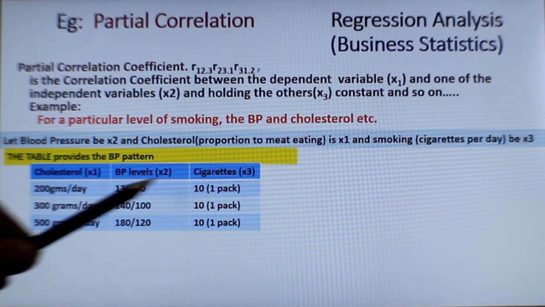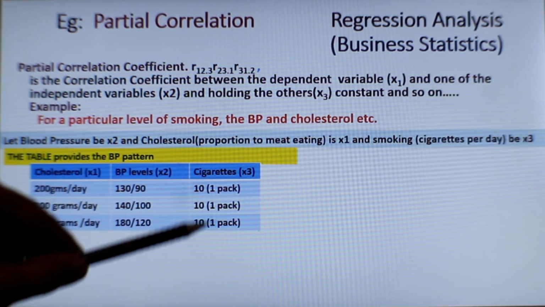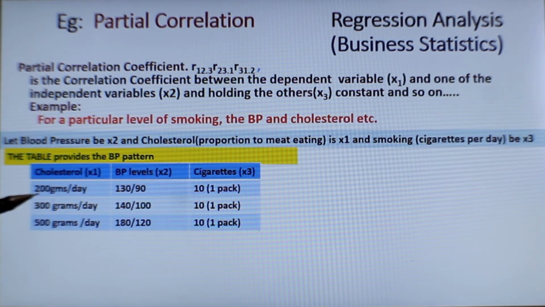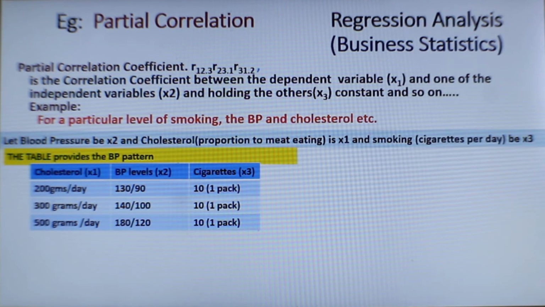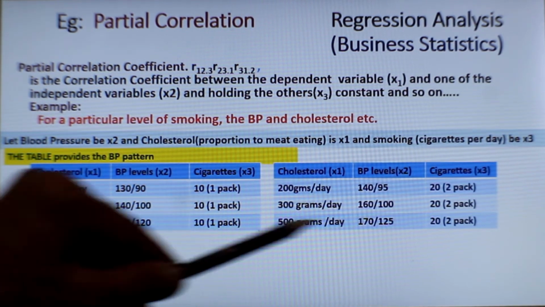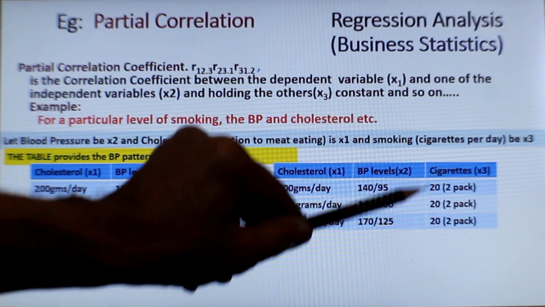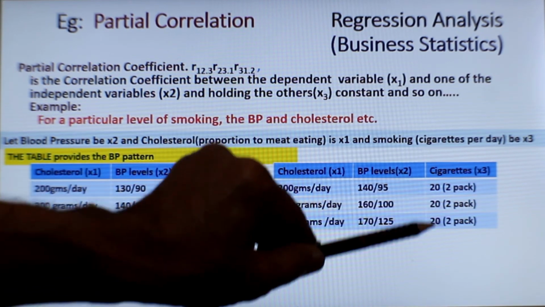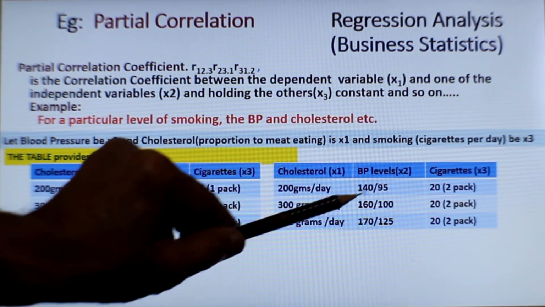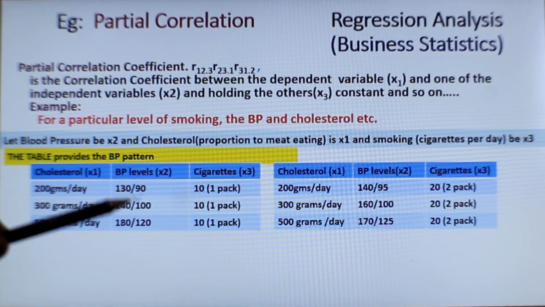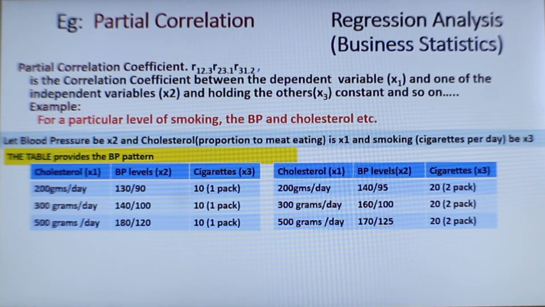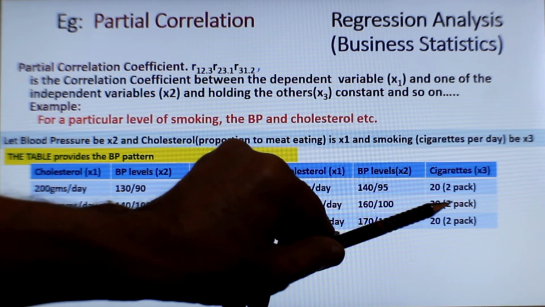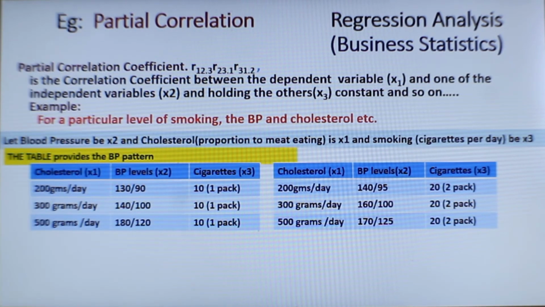So in this case we have taken x3 constant and different levels of cholesterol. What is the BP? Again, here the cigarette smoking is 20 cigarettes or 2 packets, and how is the BP? You can see that compared to this BP level, these BPs are high for different cholesterol levels. So that means cigarette smoking also influences the BP.